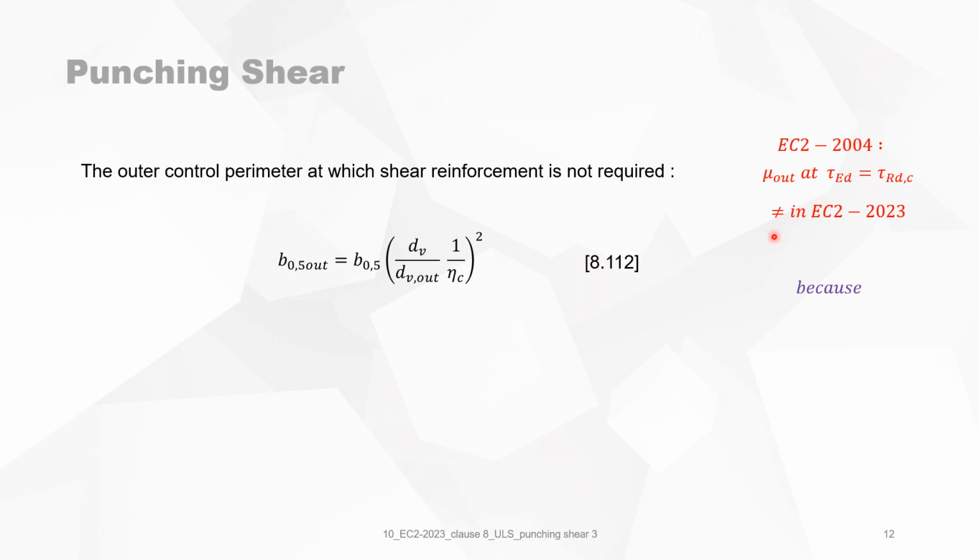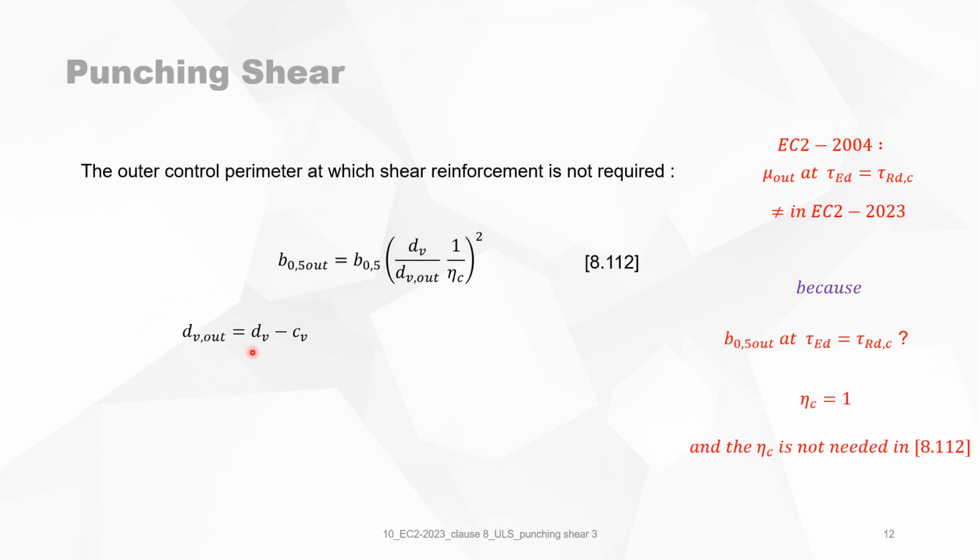Then something strange happens, because b0.5,out will then be where tau_Ed equals tau_Rdc. That means that eta_c is 1, because that's the proportionality between those two. And if eta_c is 1, then why is there an eta_c in this formula? So if this is the definition of b0.5,out, then the eta_c is there for nothing. That's why I'm convinced that the definition of b0.5,out is not the same as in Eurocode 2 2004.